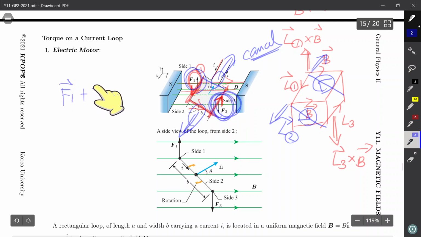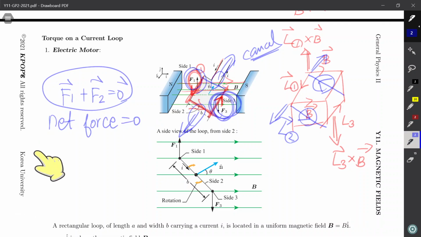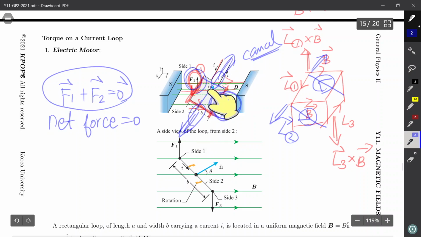F1 plus F2 equals 0, so the net force equals 0. However, net torque is not 0 because we have the central axis. With respect to the central axis, there's a radius and force, and the amount of force is the same, in opposite directions.